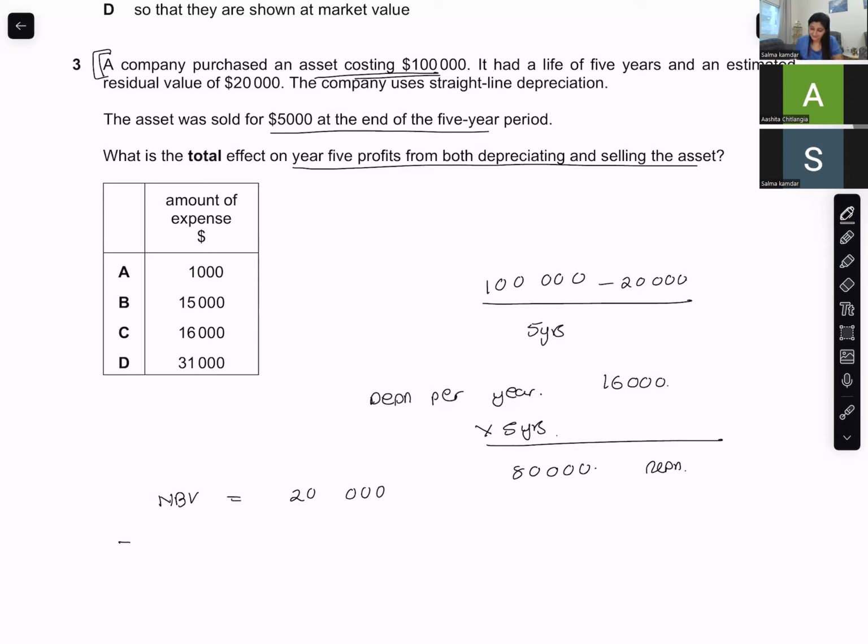That's literally what's coming on my calculator. 80,000 divided by 5 is how much? 16,000. So depreciation per year is 16,000. Sorry, I don't know why I got this wrong.